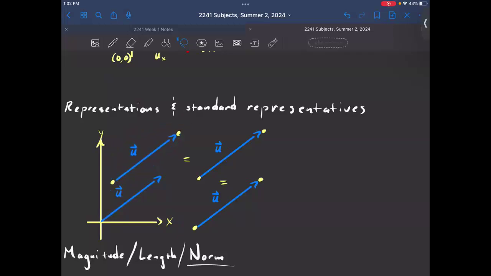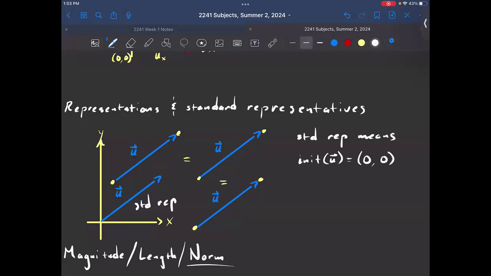So now this right here, this is our standard representative. Standard rep. And that's because the initial point is at 0, 0. So standard rep means that the initial point of u is equal to 0, 0, or in R3, 0, 0, 0.